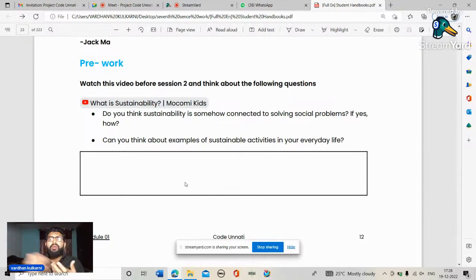When you look out for any social problem, you look to yourself. Each and every problem is connected to sustainability. So how well could you solve the social problems?